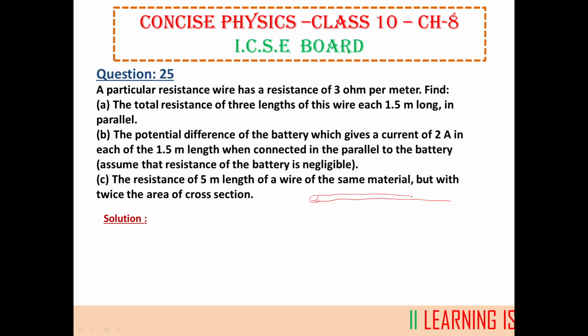It is said that per meter, suppose this is 1 meter, this is 1 meter, so per meter resistance is 3 ohm. So this is 3 ohm, this is 3 ohm, this is 3 ohm. So the total resistance will be what?